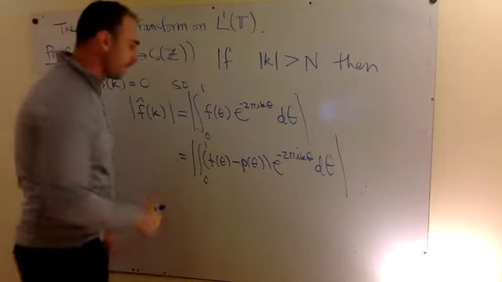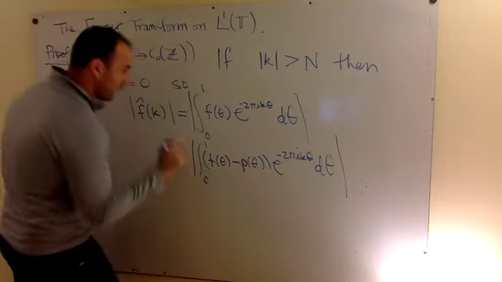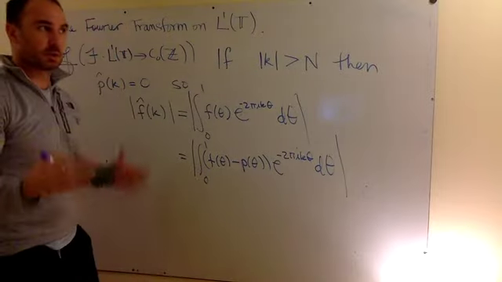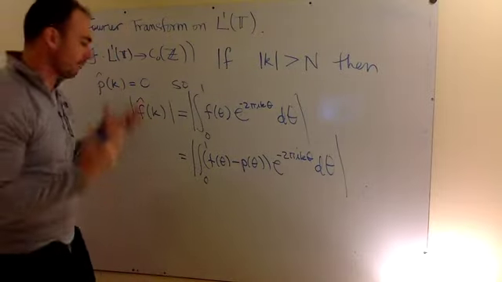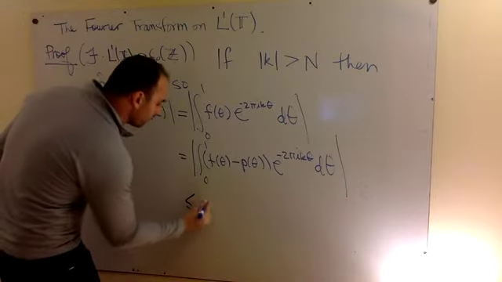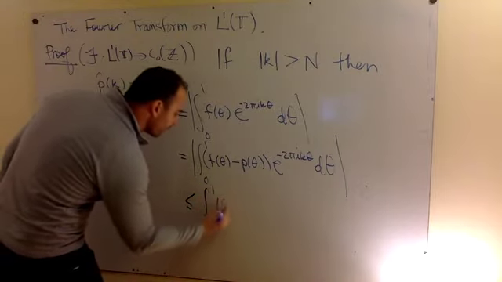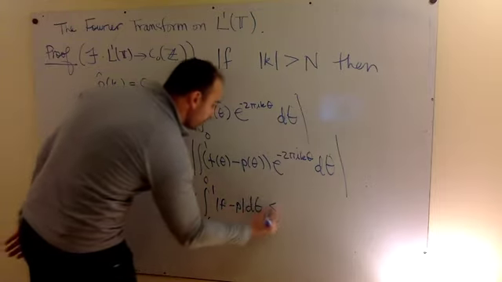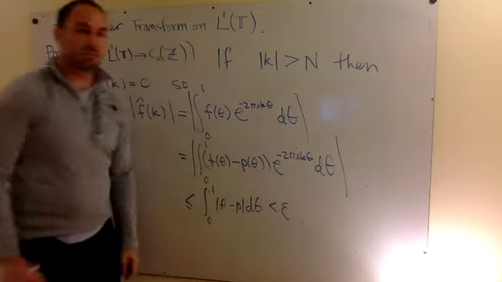All right, and this is only because k is greater than n. It's greater than the degree of the trig polynomial which approximates f. Now pull the absolute values in, and you get this, which by our choice of p was less than epsilon.